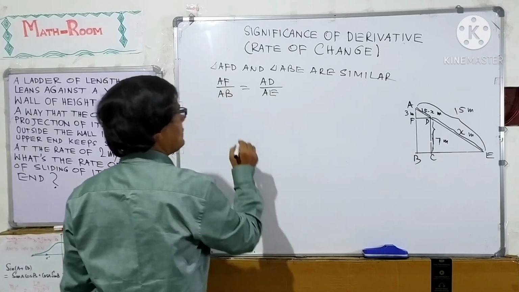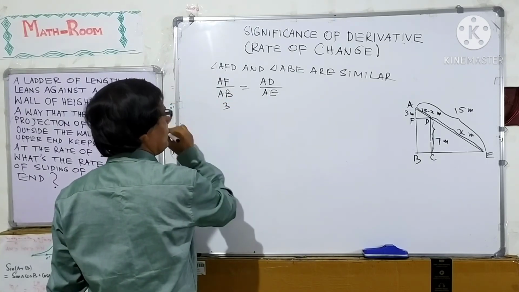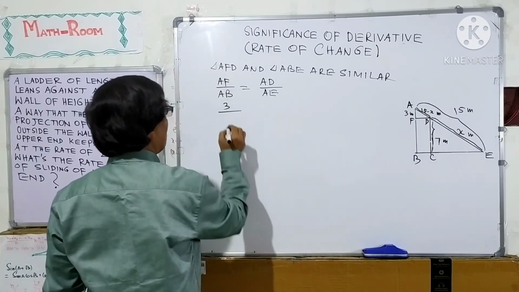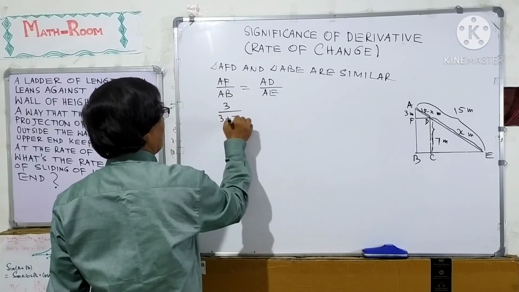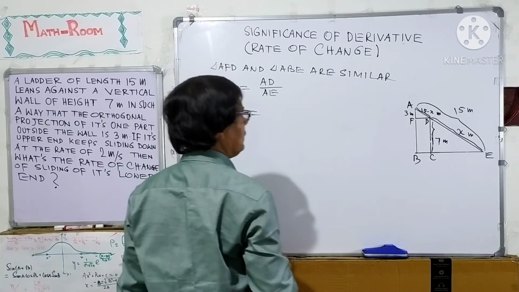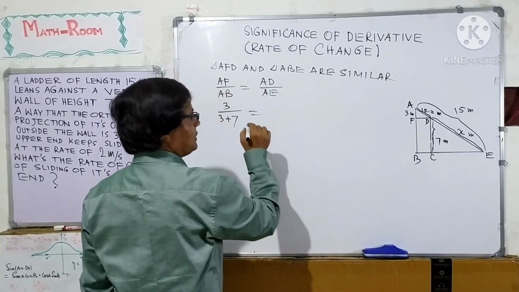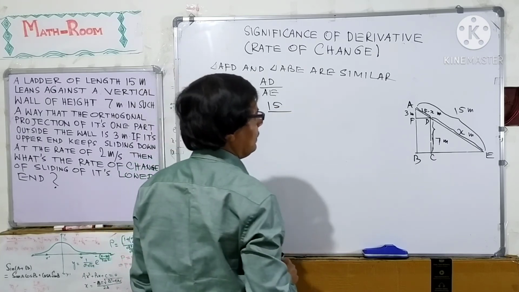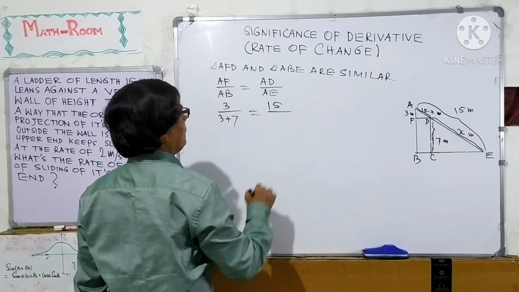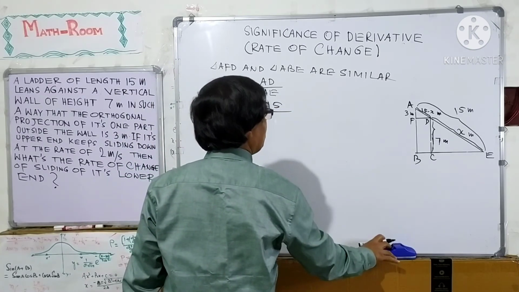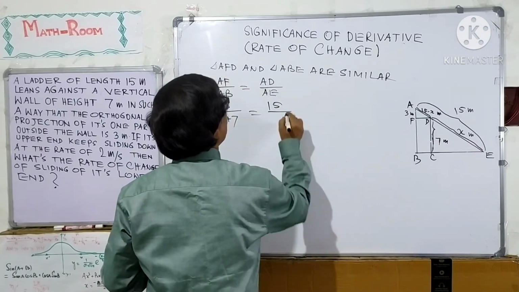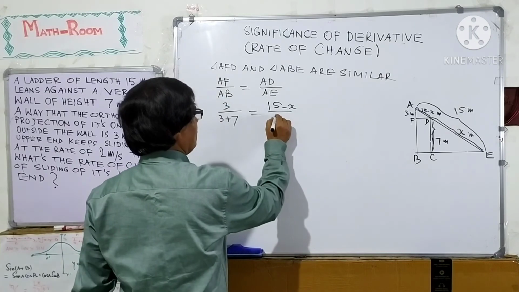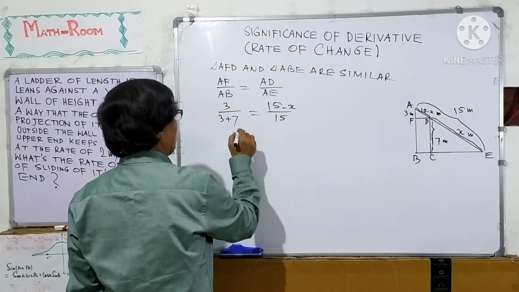Now AF is 3 and AB is 3 plus 7, equal to AD. AD is 15 minus x, and AE is 15.